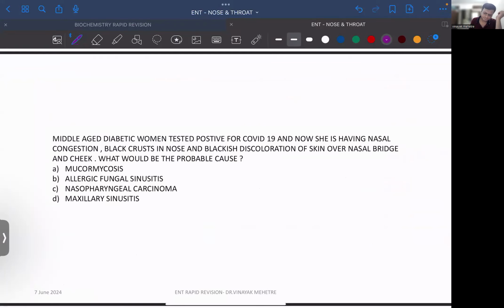What is the answer? Answer is mucormycosis. Mucormycosis, right? Drug of choice?